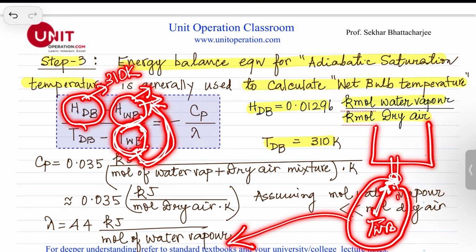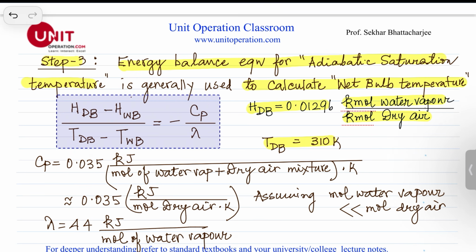And this is the dry bulb temperature. This is the CP and lambda. What is the CP? CP is the molar heat capacity at this temperature, per unit temperature, Kelvin here. So this is 0.035 kilojoule per kilomole of mixture of water vapor and dry air.